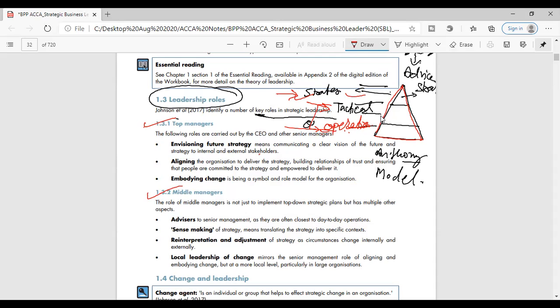What will they do? Just go by the name, or visualize any organization and imagine that it has 3 layers: strategy, tactical, and operational. Today, if Reliance Group is trying to bring maybe 5G or 6G, what will they be doing?